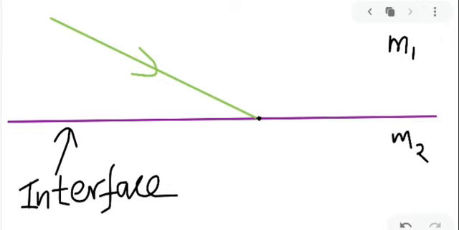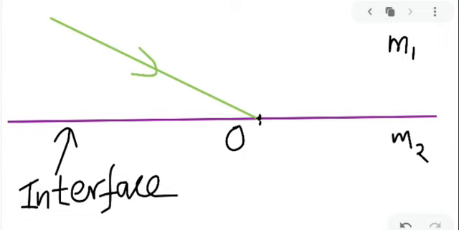Where the light is incident is called the point of incidence. It is given here, and we can call it, say, O, the point of incidence O. Now again, the interface is a flat surface. Remember, it is not a line, but a flat surface. Whatever I am drawing right now is just a sideways view.